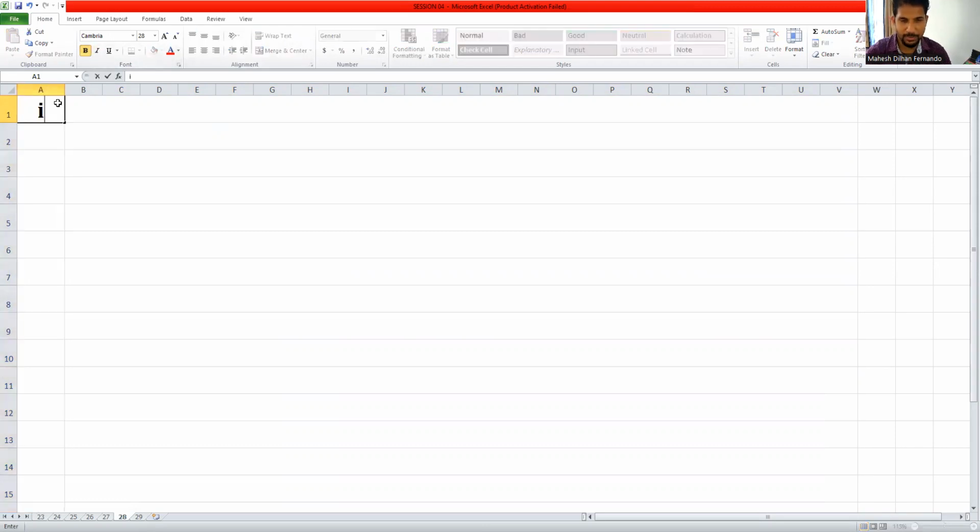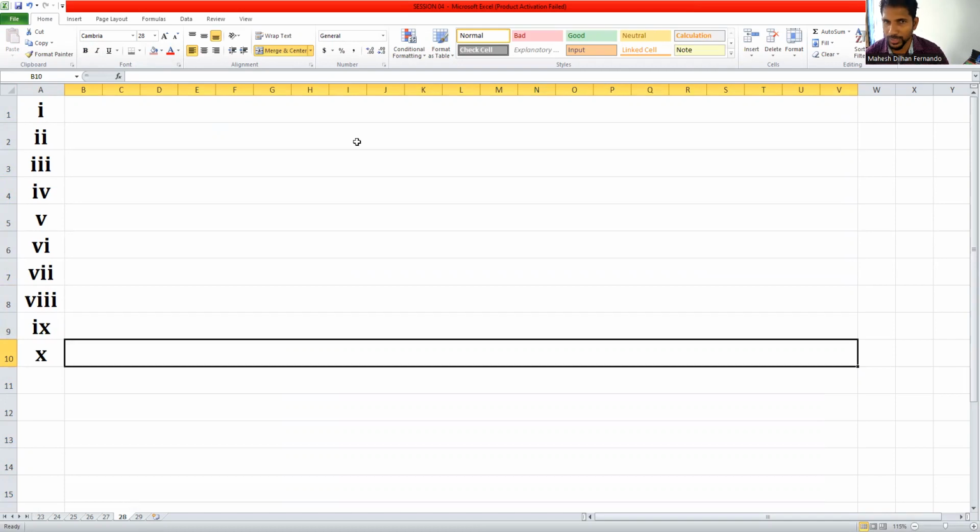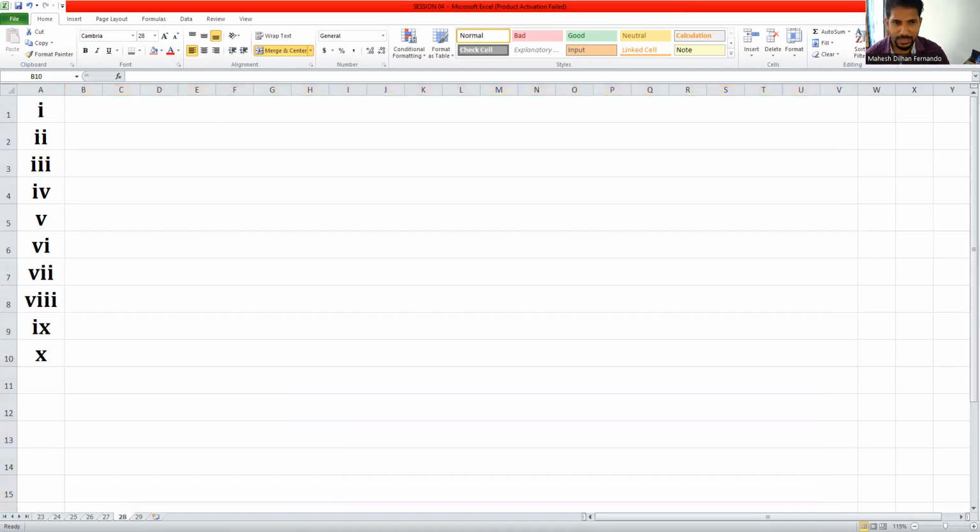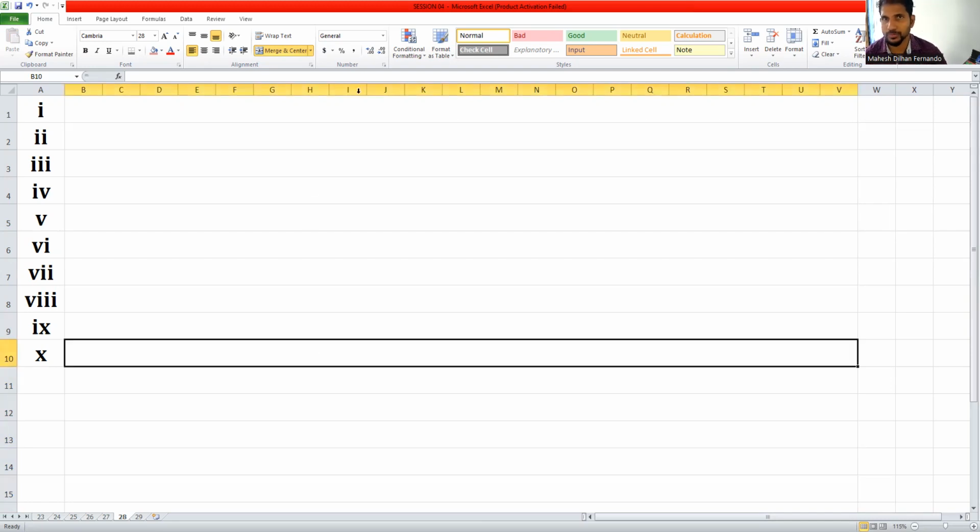Right. Transaction number 1, 2, 3, 4, 5, 6, 7, 8, 9, 10. Let's observe the transactions. Transaction 1. What has happened? Inventory plus 30, creditors plus 30. Now, can you tell me how to describe transaction number 1?